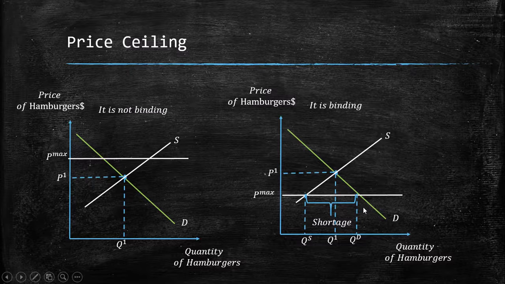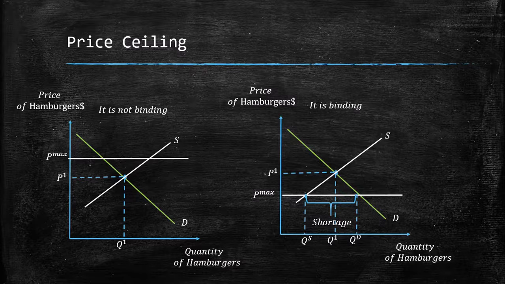There are going to be rationing mechanisms, for example longer lines, or maybe suppliers discriminate over which people they are going to provide the good to. So this is the problem with the price ceiling.